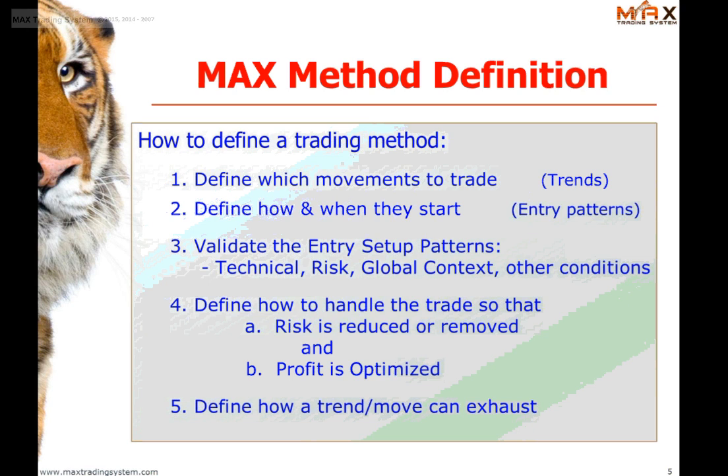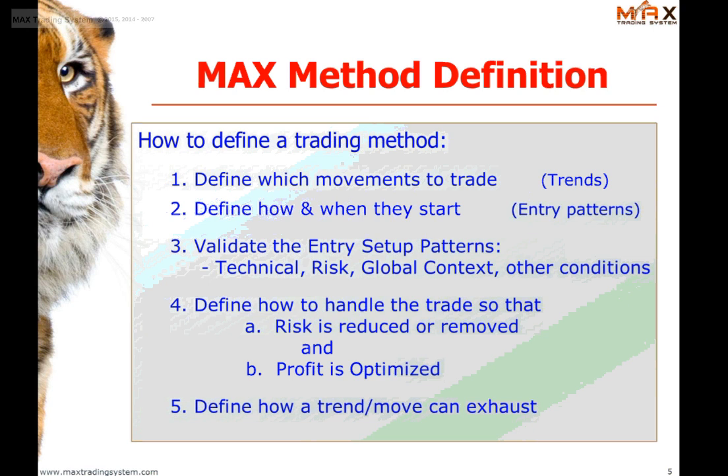And so we have developed techniques to define how to reduce progressively the risk until we get a situation as a risk-free trade. And then we can focus on how to optimize the profit we can extract from that trade.